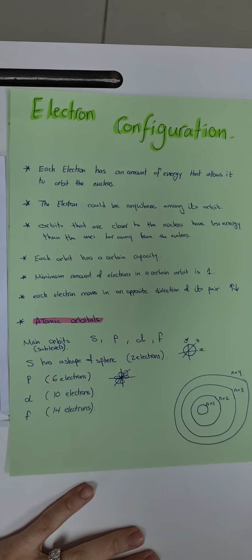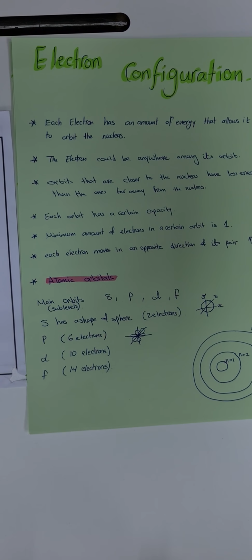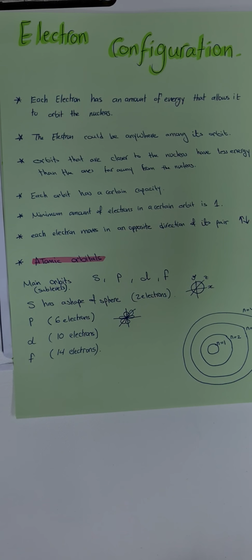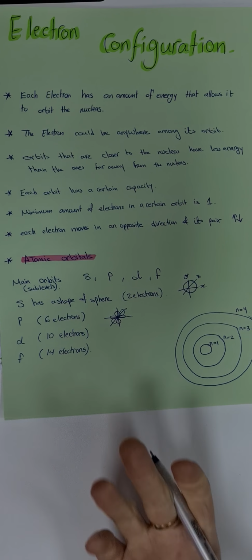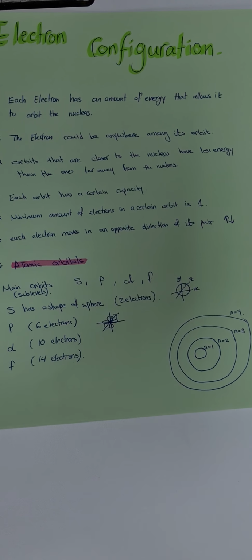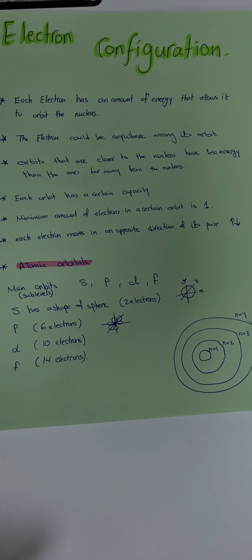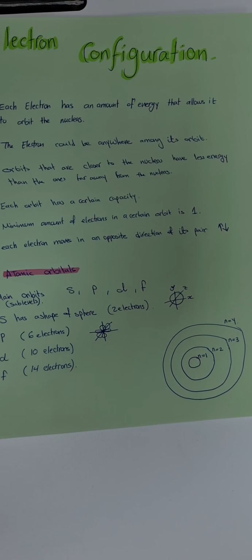Now, what do I mean by electron configuration? Actually, when I want to study the atom, we study the nucleus and the surroundings of the atom. The nucleus has protons and neutrons. They are massive, so I can give an indication about the location of a certain proton or neutron.